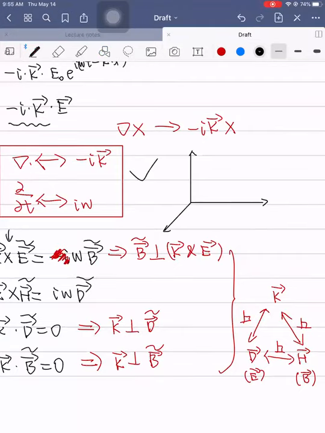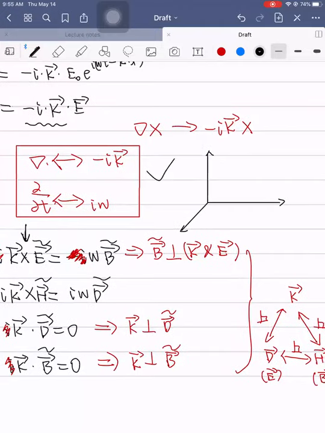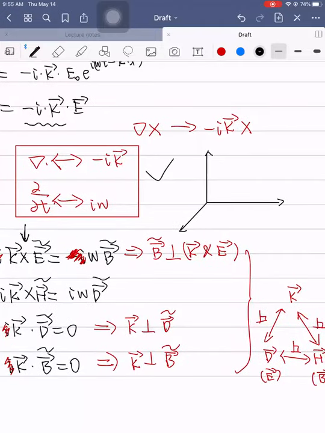Remember, this cross product follows the right-hand coordinate system. If this is K and this is E, the direction of B should be upward. You can use your right hand... Oh, no, sorry.